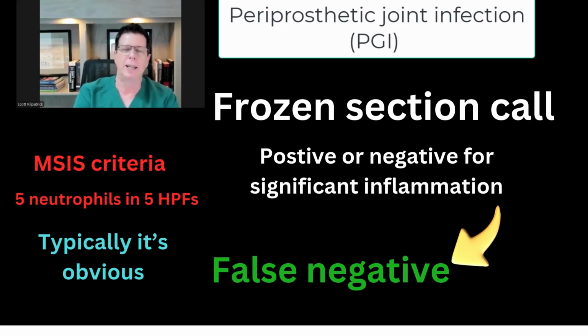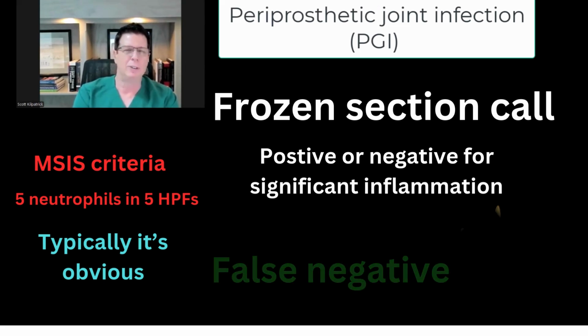Most of the time, if the surgeons are using the criteria correctly, if they really strongly suspect infection, they will handle it like an infection, and that is they have other parameters that are going on. So the most common response I get is, yeah, no problem, I handle it like an infection anyway. Every once in a while they didn't.